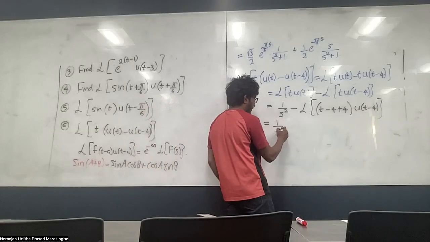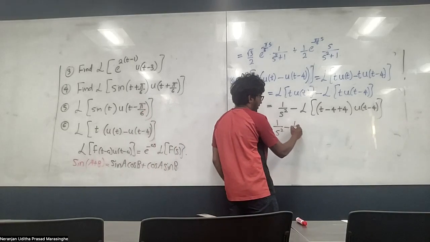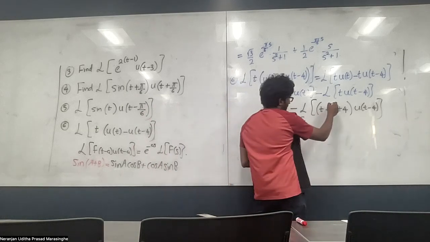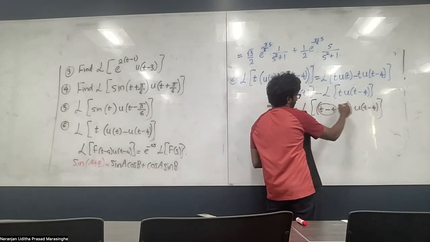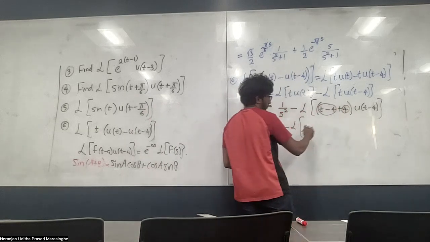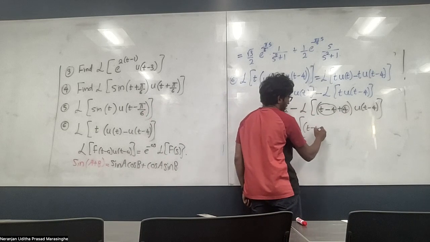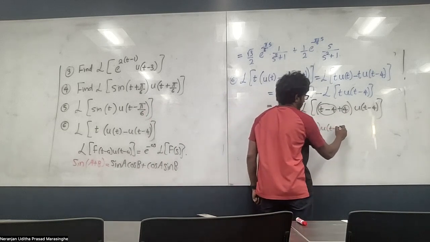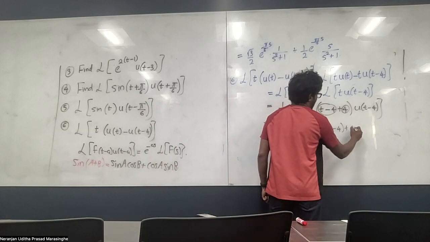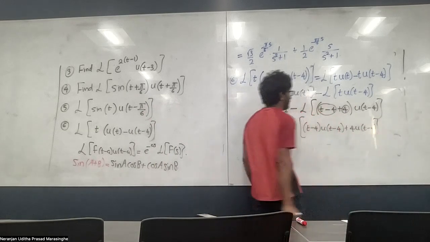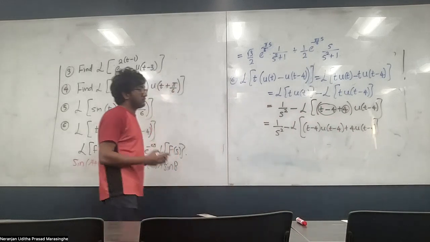So I get 1 over s square minus Laplace. Now I would decompose this. I would consider t minus 4 as one term and 4 as the other term. So if I decompose this, I would get (t minus 4) u(t minus 4) plus 4 times u(t minus 4).